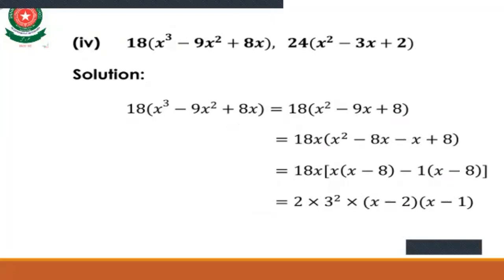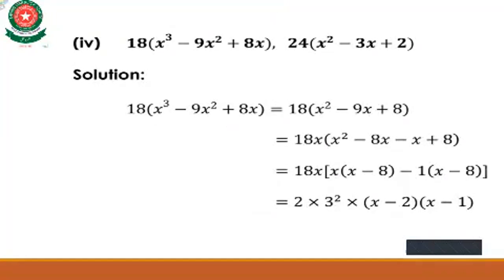Question number 4 is 18 into x cube minus 9x square plus 8x. Okay, and our second expression is 24 into x square minus 3x plus 2. Here 18 is common, remaining will be x square minus 9x plus 8. You can write 18 as 2 into 9, because 2 nines are 18.